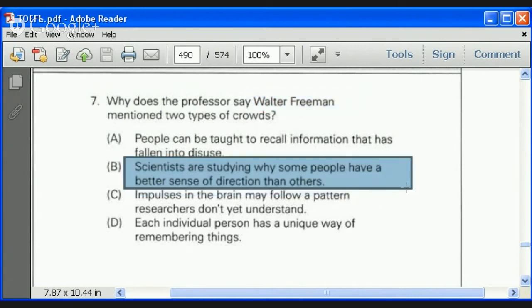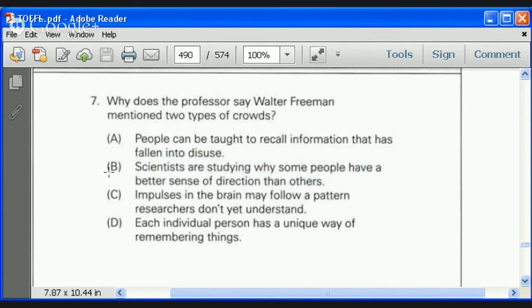B, scientists are studying why some people have better sense of direction than others. That's just funny because it's silly. The people in his examples were just used as a metaphor for nerve impulses. So that has nothing to do with that. I would definitely get rid of that answer.